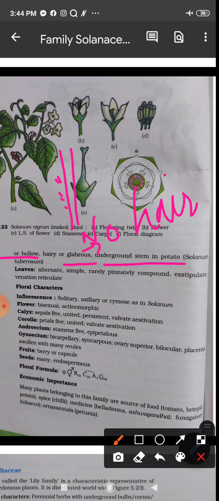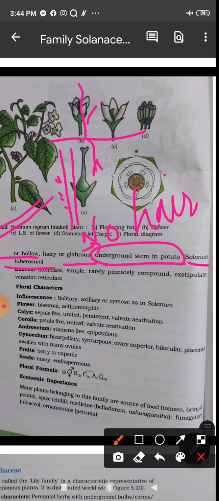That means there are certain plants belonging to this family which have an aerial stem above, like in Makoi, here in this plant, Solanum nigrum. And then there are certain stem modifications. One example is the underground stem in potato, that is Solanum tuberosum.